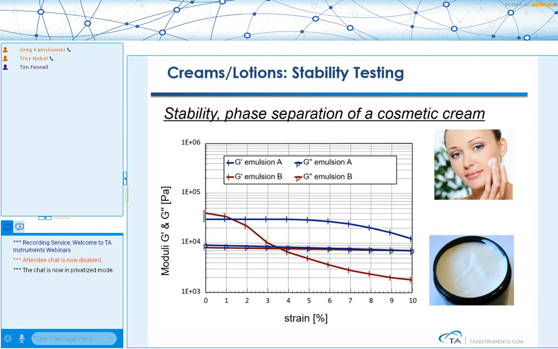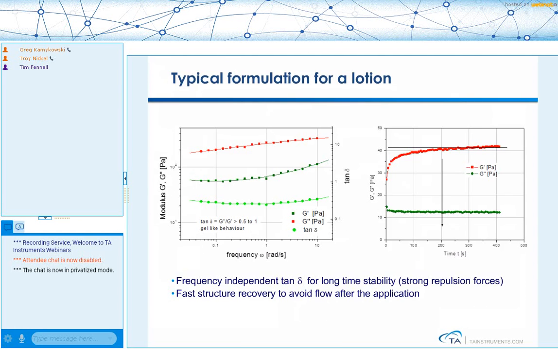We see that these two emulsions, A and B, are similar in this low strain region, but sample B degrades, it goes into the nonlinear region fairly early, whereas material A retains its strength up to fairly high strains. So our prediction would be that emulsion A has greater stability than emulsion B.